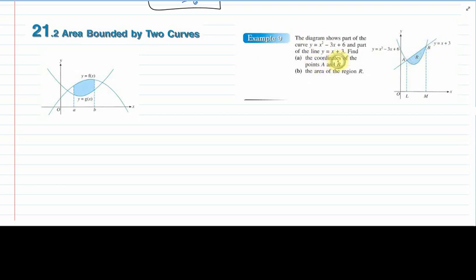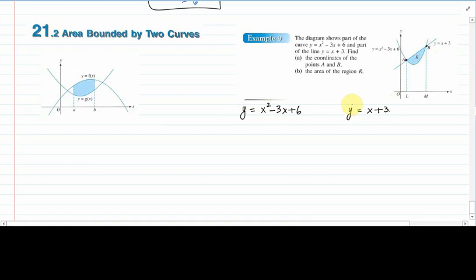Now this part is from the simultaneous equation, right? You have an equation of curve and you have an equation of line. The curve and the line intersect at the points A and B. So y equals x square minus 3x plus 6, equation of curve, y equals x plus 3. So first we need to solve them simultaneously.